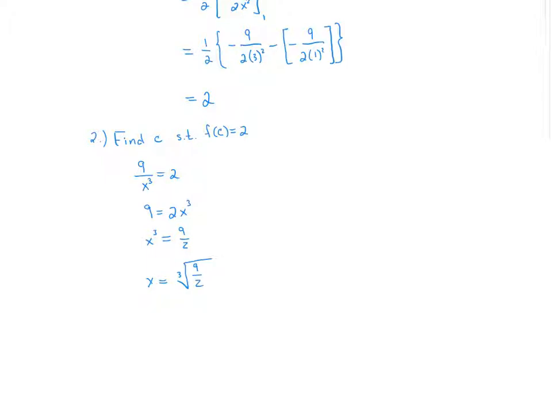Now, we should rationalize that denominator. To rationalize that denominator, we're going to multiply by whatever it takes to get rid of the cube root in the denominator. So I have one 2, so I'm going to multiply by 2 more 2's.